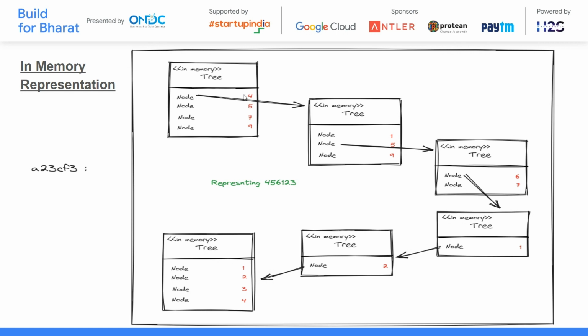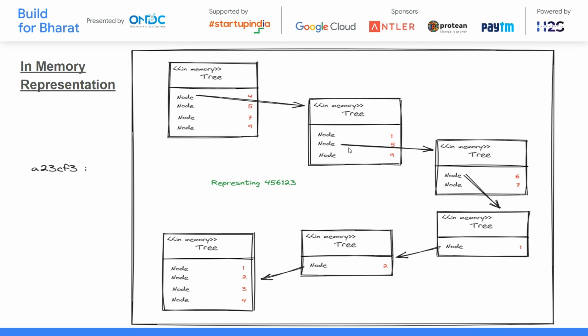So the first digit is represented here as 4, then 5, then 6, then 1, then 2, and then 3. So we are able to find this pin code in our tree.